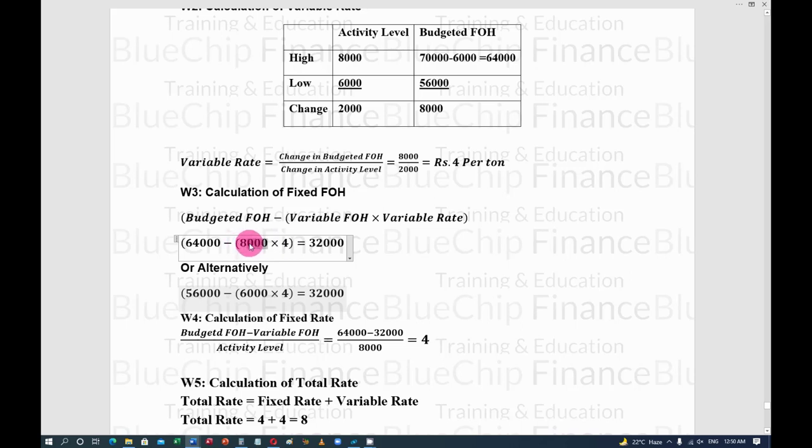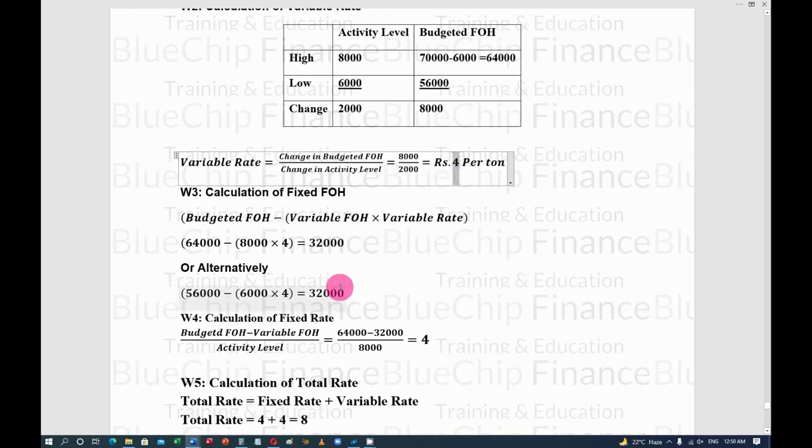So 8,000 multiplied by 4 equals 32,000, and 64,000 minus 32,000 equals 32,000. Alternatively, at the lowest level of activity, we can also calculate it: 56,000 minus 6,000 multiplied by 4, that is 56,000 minus 24,000, equals 32,000. So your budgeted fixed FOH is 32,000 and your variable rate is 4.